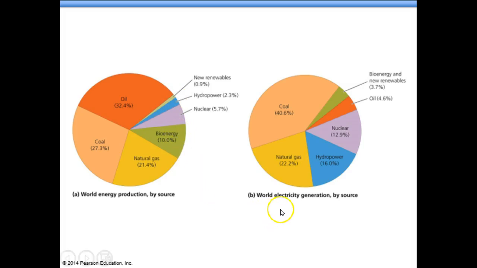The world electricity generation by source, again, we're looking at coal being the predominant one. Natural gas falls to third place here, where our new alternatives are making up almost a third or a little bit more than a third put all together. So this is good news for us to see.